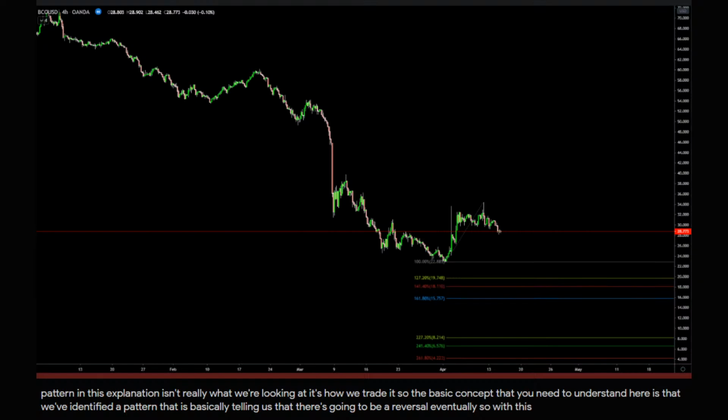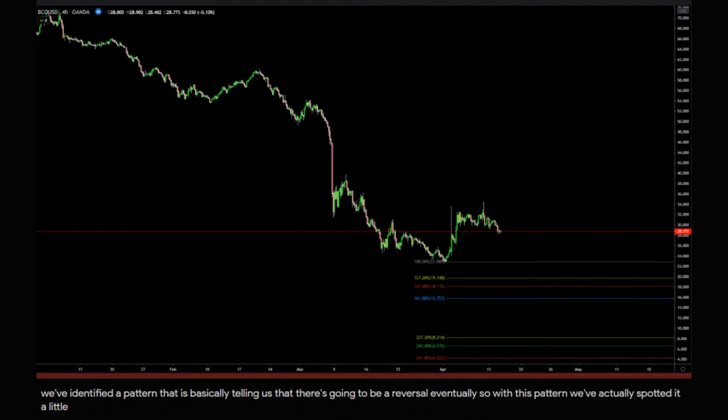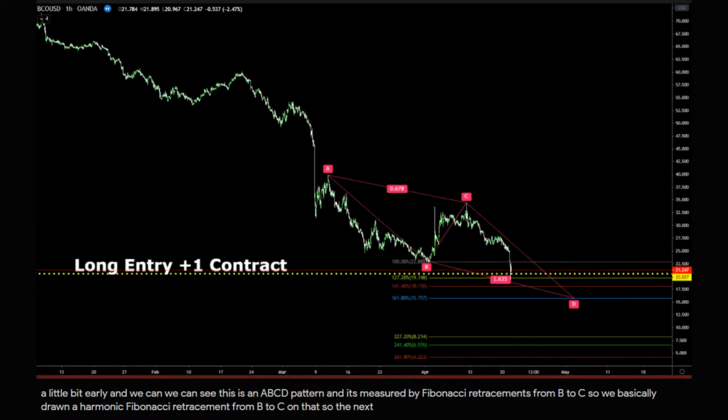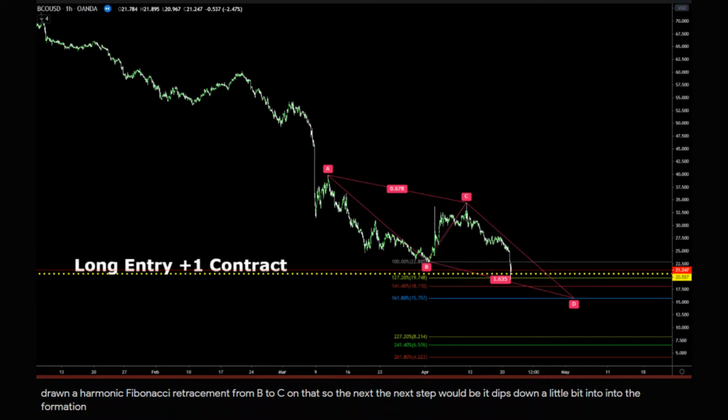With this pattern, we've spotted it a little bit early, and we can see this is an ABCD pattern, measured by using the Fibonacci retracements from B to C. So we've drawn a harmonic Fibonacci retracement from B to C. The next step would be it dips down a little bit into the formation of the pattern.